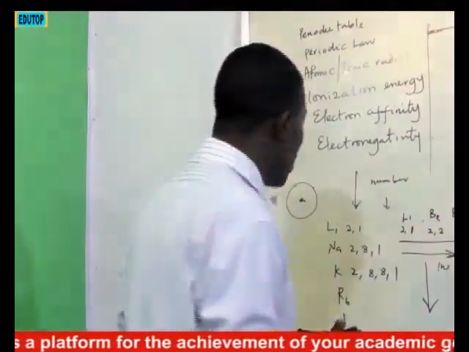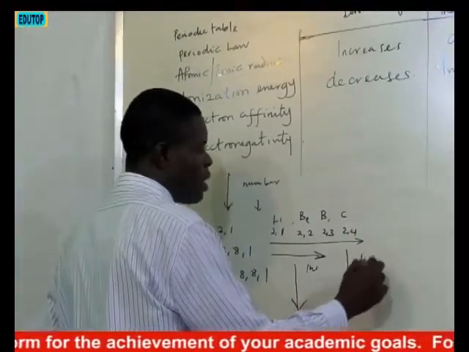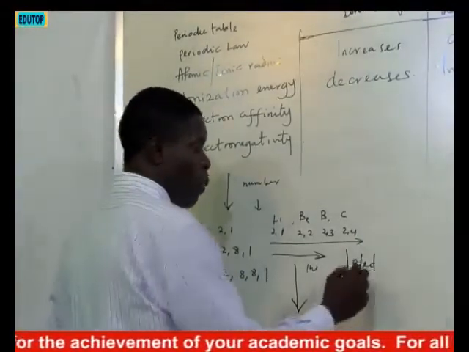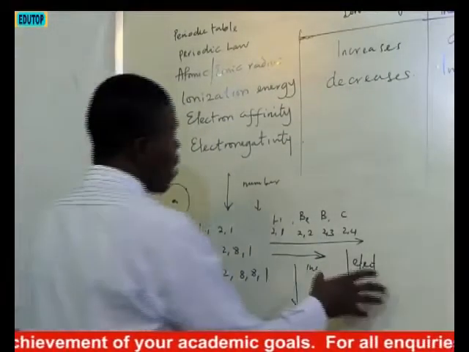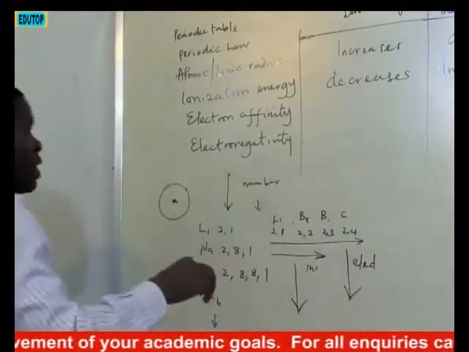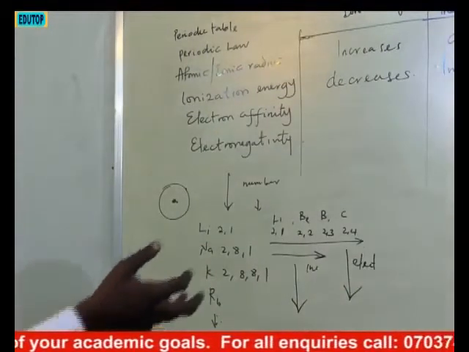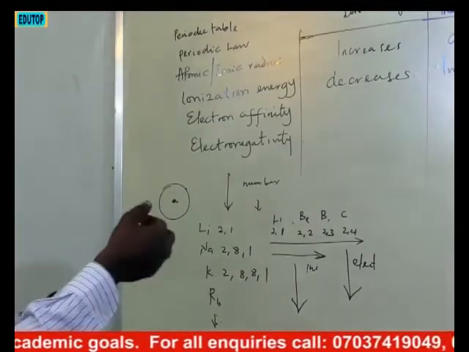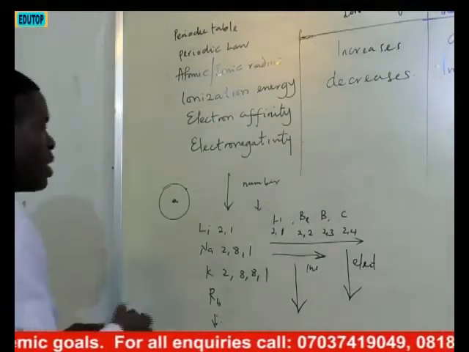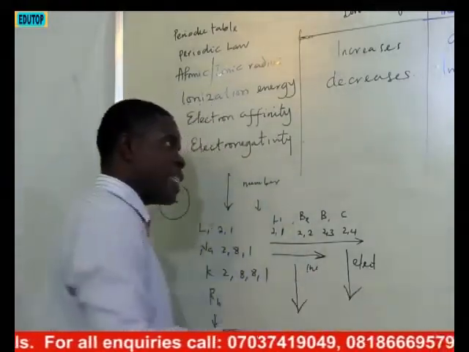So as you are moving down the group, what happens? Electronegativity decreases, electropositivity increases. So what it means is that as you are moving down the group, it is the electropositivity that is on the increase.